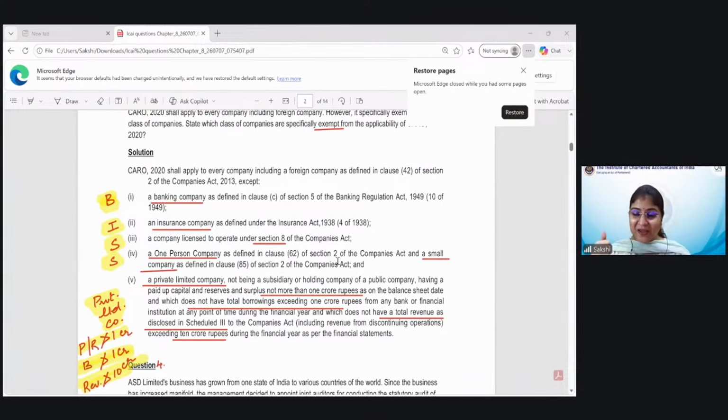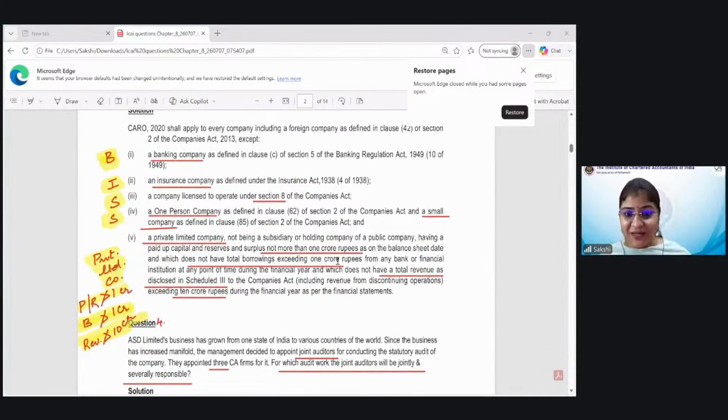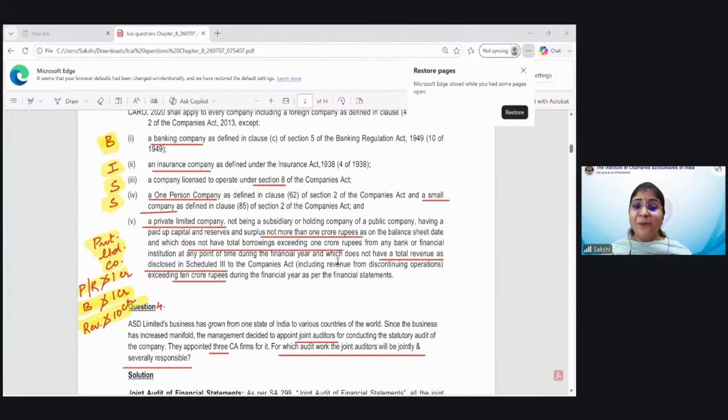Banking company, insurance company, section 8 company, one person company and a small company as defined under clause 85 of section 2, a private company which is not a subsidiary or holding of a public company, having paid up capital and reserves and surplus of not more than 1 CR as on the balance sheet date, does not have total borrowings exceeding rupees 1 CR from bank or financial institution at any point of time during the year, means not for a single day also, isn't it?